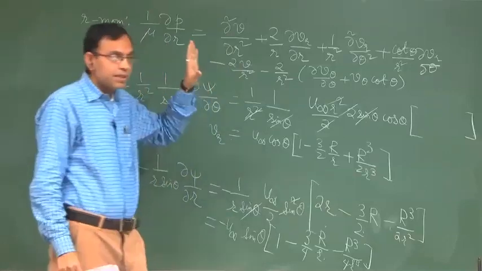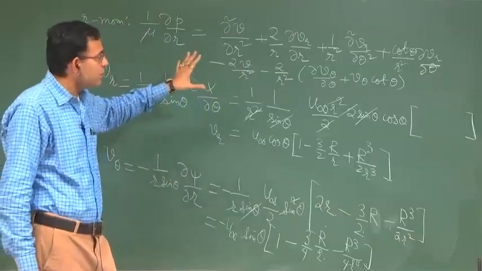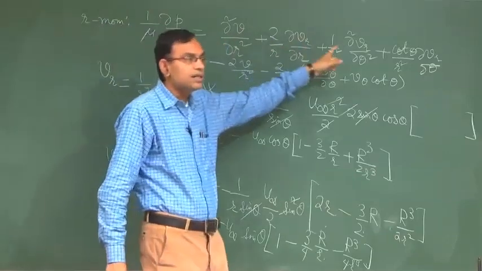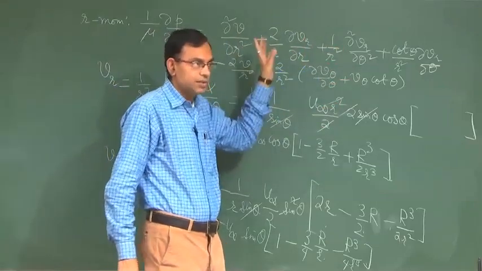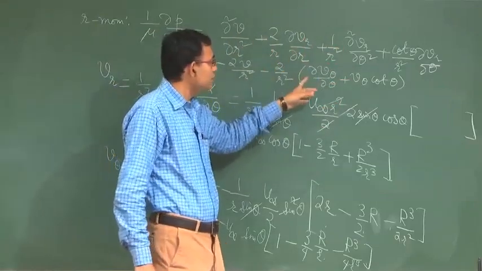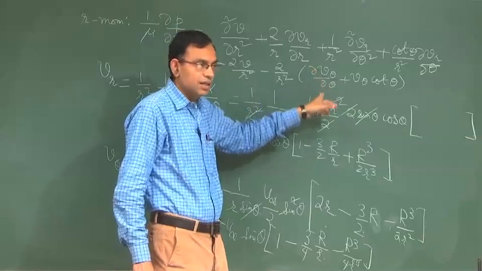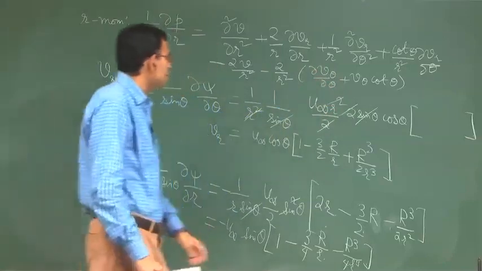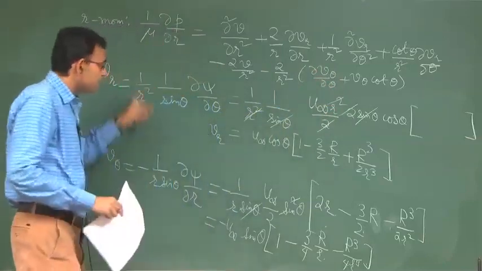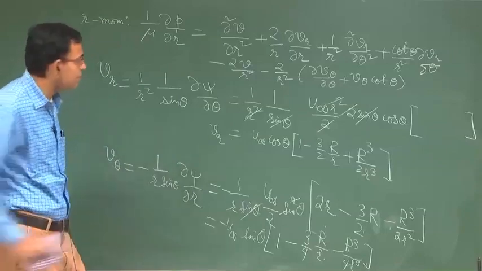So, I am just telling you the strategy, because I do not want to waste time in calculating these individual terms, right. You know Vr and V theta, you just differentiate these. These derivatives are straightforward. So, once you differentiate, you get Vr and V theta from here.